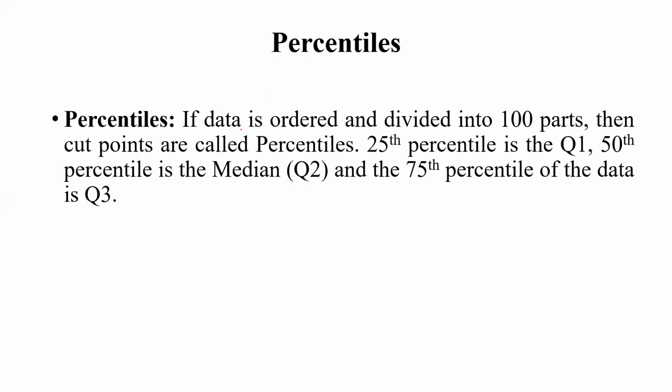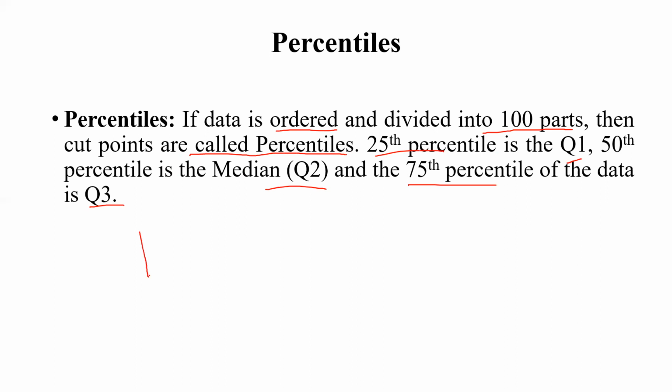Now one last point, percentiles, we need to understand. Percentiles means if data is ordered and divided into 100 parts, then the cut points are called percentiles. The 25th percentile is Q1, the 50th percentile is the median, and the 75th percentile of the data is Q3.